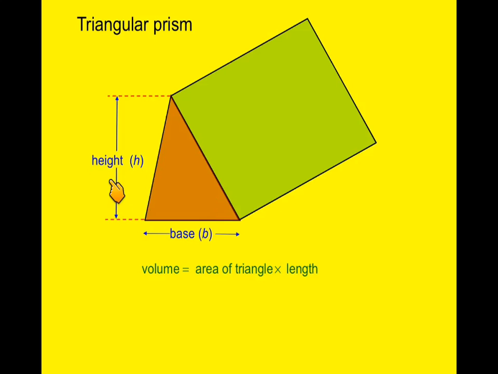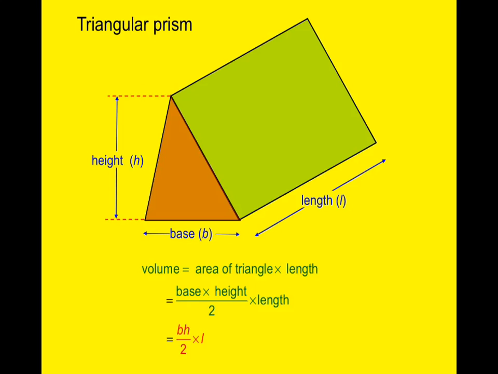So we can find the area of the triangle because it's a half base times the height, and then multiply by the length L. So therefore the formula will become base times height divided by 2 times the length, which is BH divided by 2 times L.